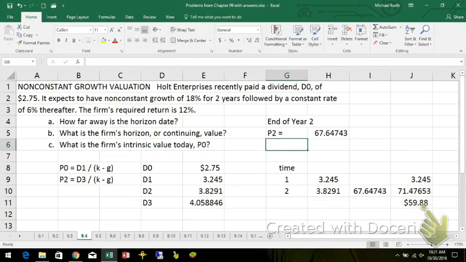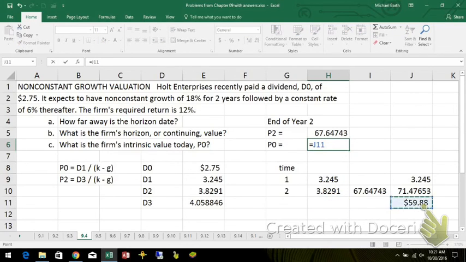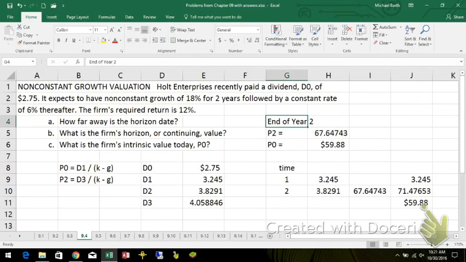So P0, given all these facts, would be equal to 59.88. Okay? So those are my answers.